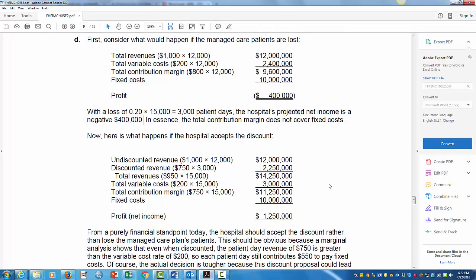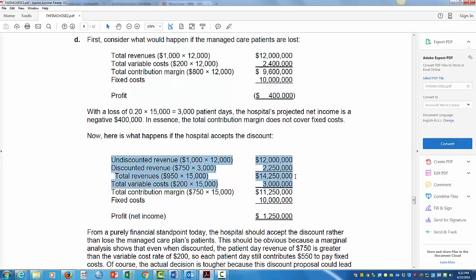If they accept the discounted revenues, that will have a positive impact because that will increase the volume, even though revenue goes from $1,000 to $950 per unit on average, we have 15,000 inpatient days total.